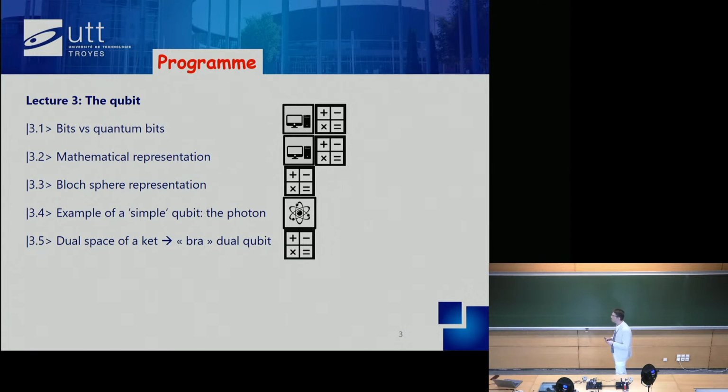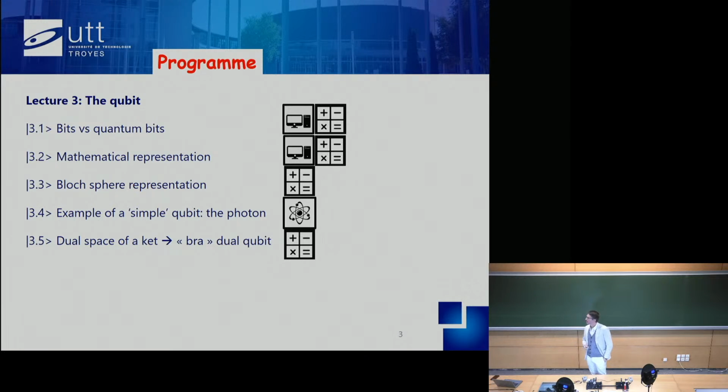We are going to do some math today. Then I will talk about a very nice geometrical representation that is used a lot in quantum technologies for qubits, and it's the notion of a Bloch sphere and how we can represent a qubit in a basically 3D representation of a sphere.